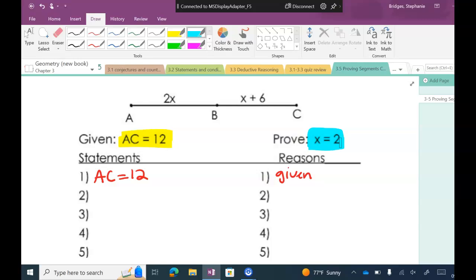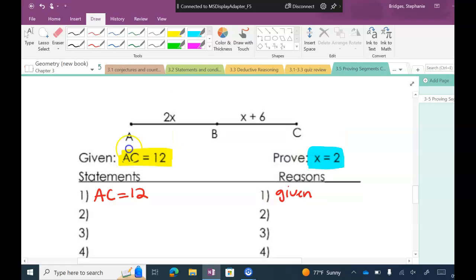It's got 3 points on it. Okay, yeah. What are those 3 points? A, B, and C. Okay. Anything else we can tell? So it's equal to 2x plus x plus 6 because you're taking those and adding them together. Yes, we're going to get there. Okay. I need something before that, though.